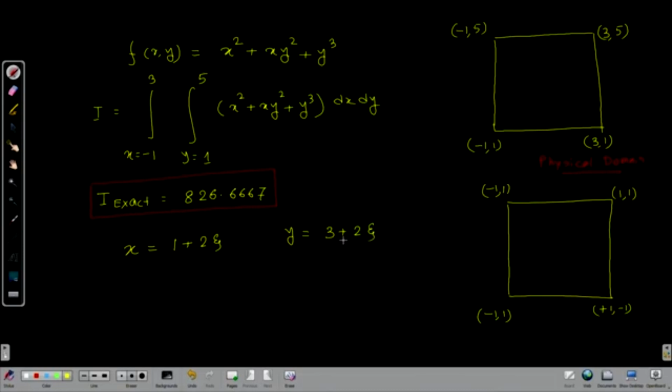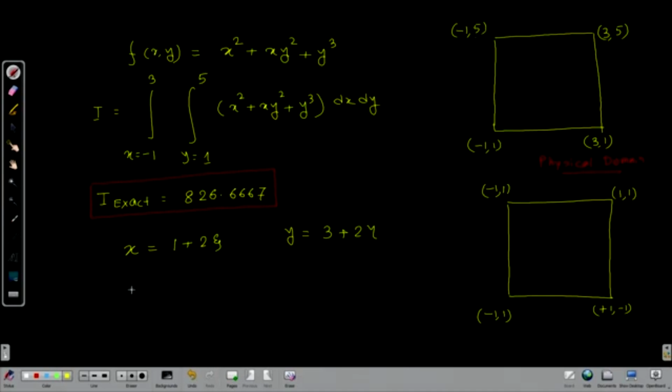So xi is equal to minus 1, we will get x is equal to minus 1, xi is equal to plus 1, x is equal to 3. Eta is equal to minus 1, y is equal to 1, eta is equal to 1, y is equal to 5. So this is the map.